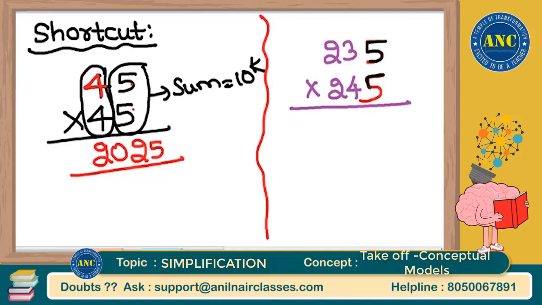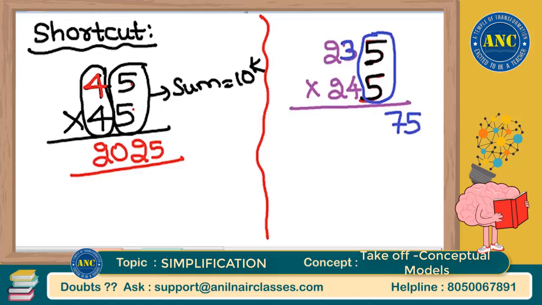This is very important. Now see here, sir. Forget about this 5, forget about this 5. If this kind of technique is there, answer will always end with 75.